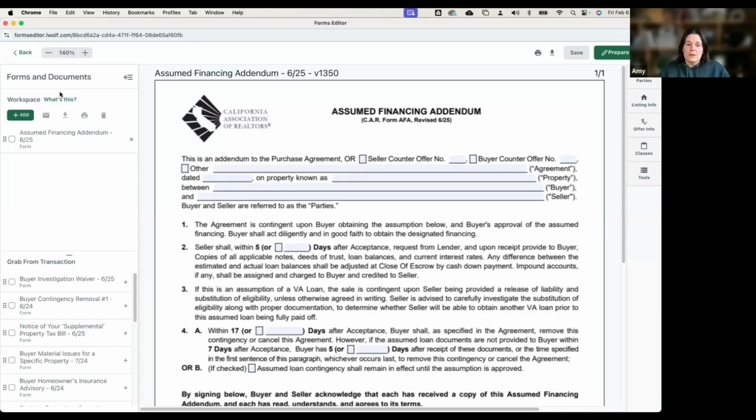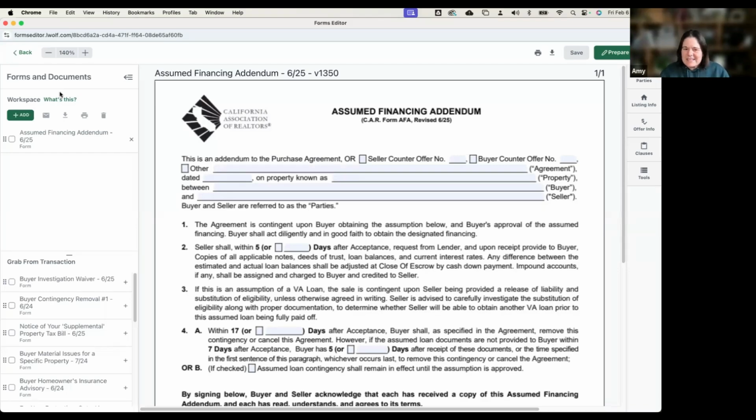4B is an or. Okay, if we check the box for 4B, then 4A is no longer a valid statement. It would be 4B, which is the assumed loan contingency shall remain in effect until the assumption is approved. I would probably personally check the box for 4B every time I submitted this form. Just letting them know that, hey, we want this assumed loan contingency in effect until the assumption is approved.